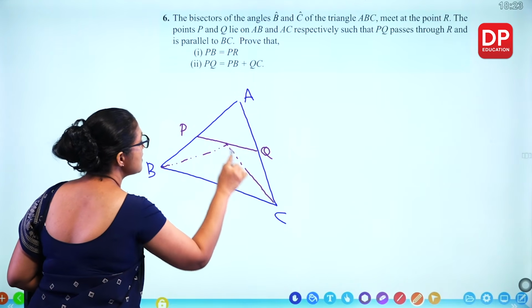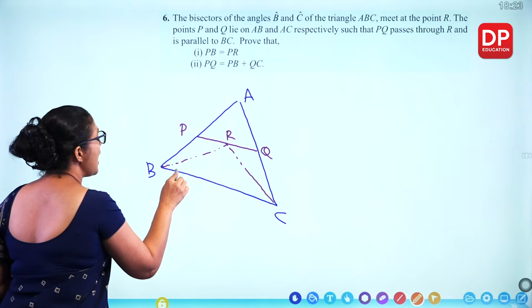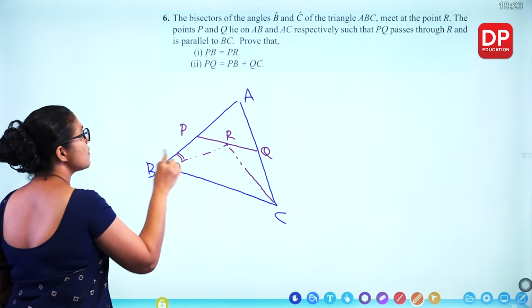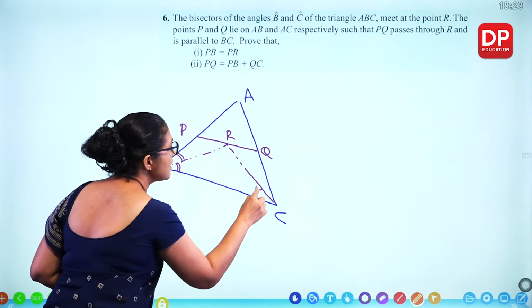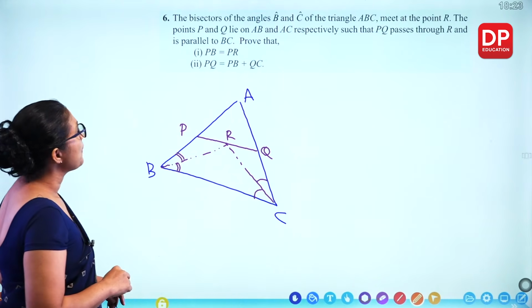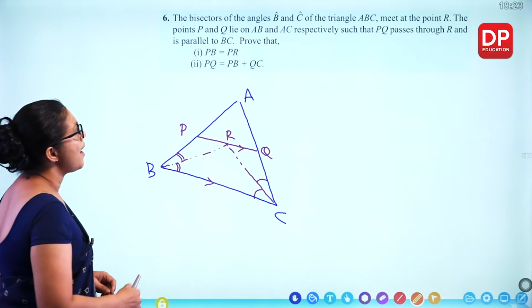So this should be the diagram, and this angle is equal to this one because BR is the bisector. This angle should be equal to this one. And also these two lines are parallel.